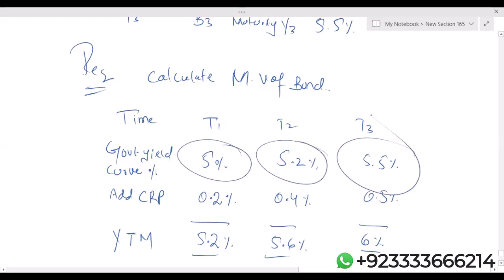Let's say the examiner has changed the question. Instead of asking for the market value of debt, the examiner says, calculate.